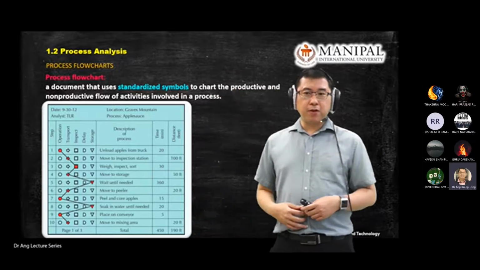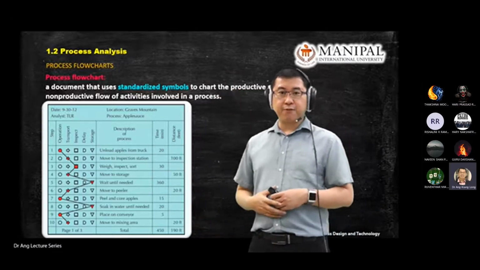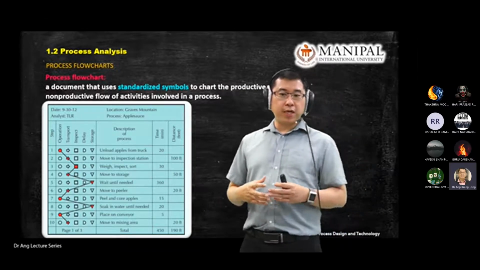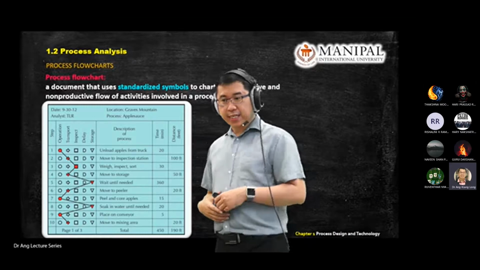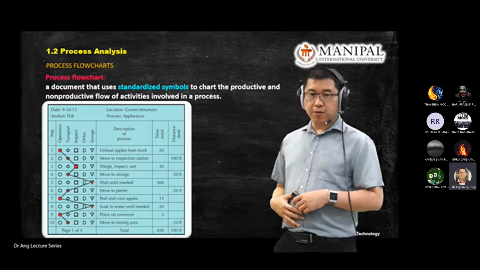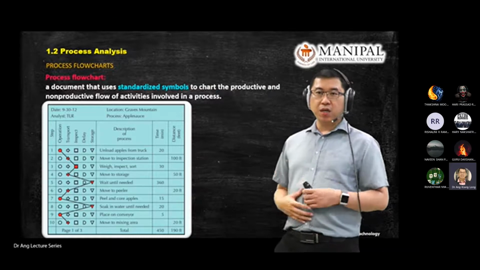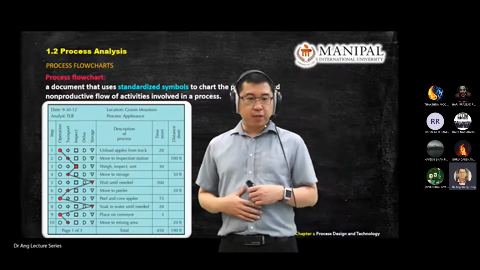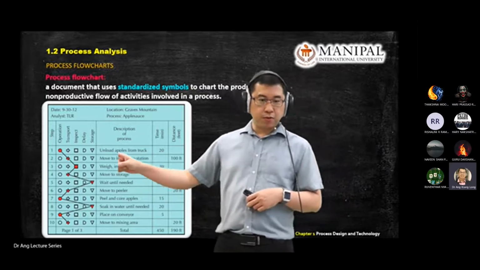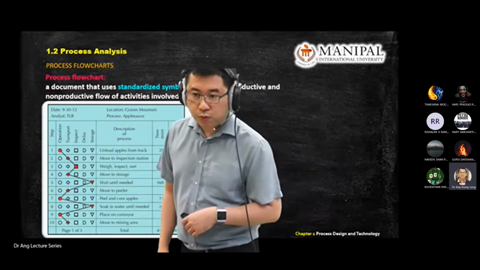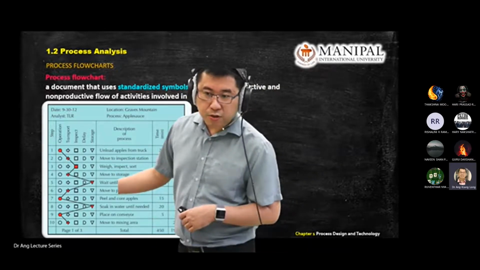Once the apple is collected in a bin in the first station, the bin will be sent to station number 2, where the worker will inspect the apple manually. So you write number 2, and you highlight transport.